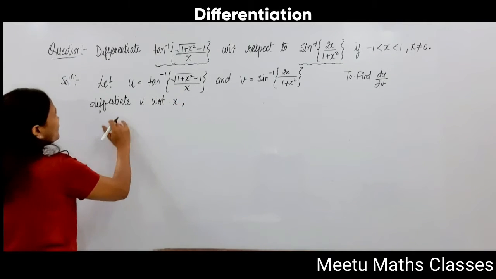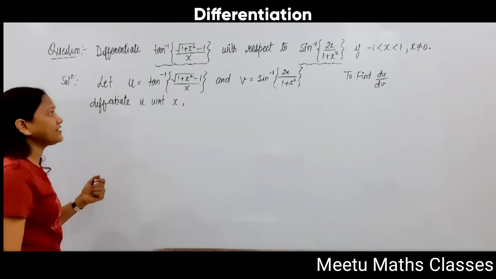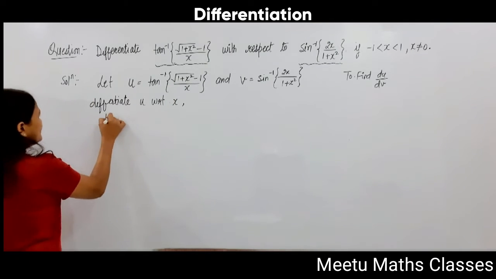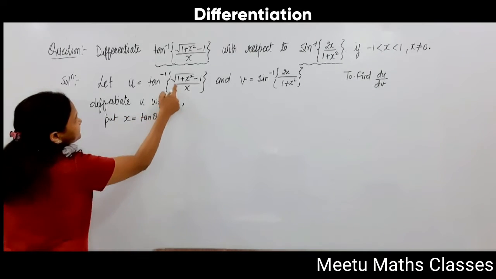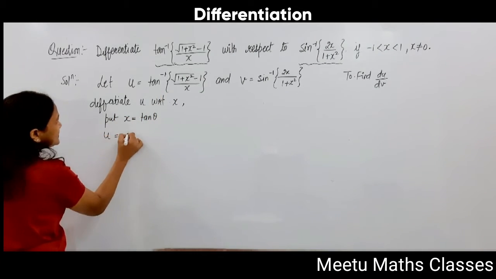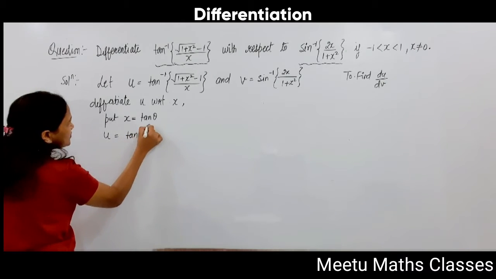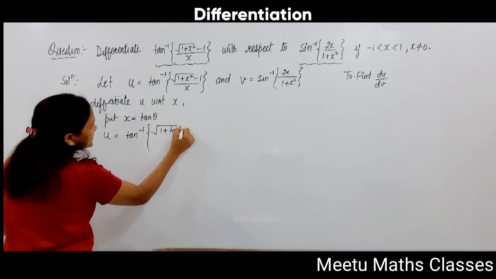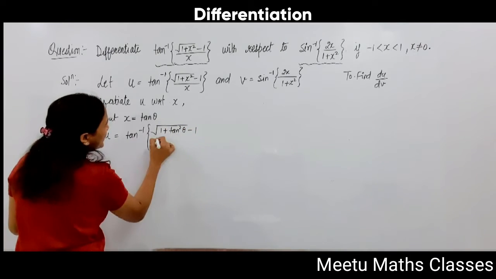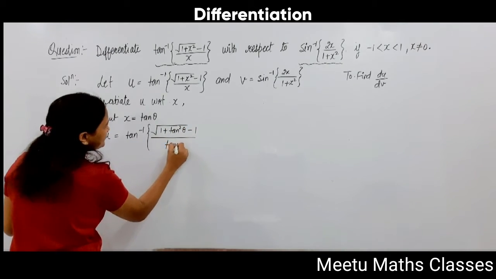we are going to first reduce this tan inverse function by substitution. So put x equals tan theta. u is tan inverse of square root of 1 plus tan square theta minus 1 upon tan theta.